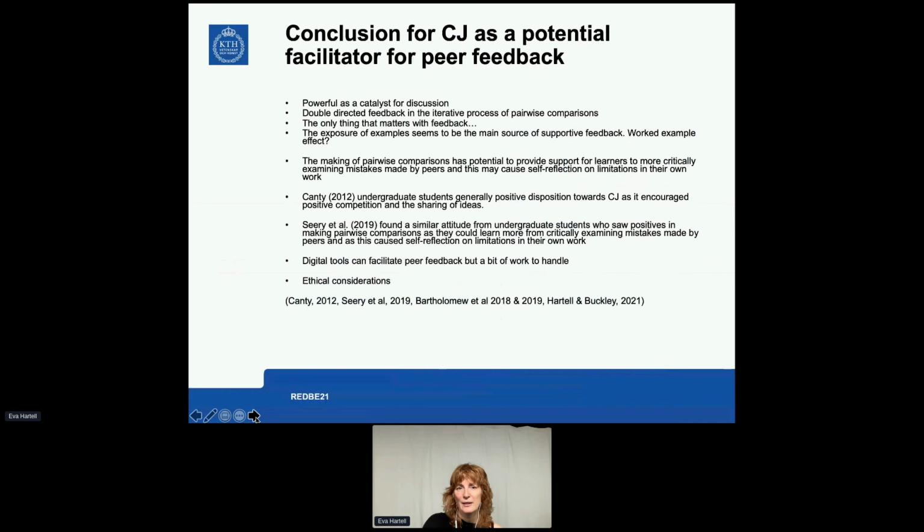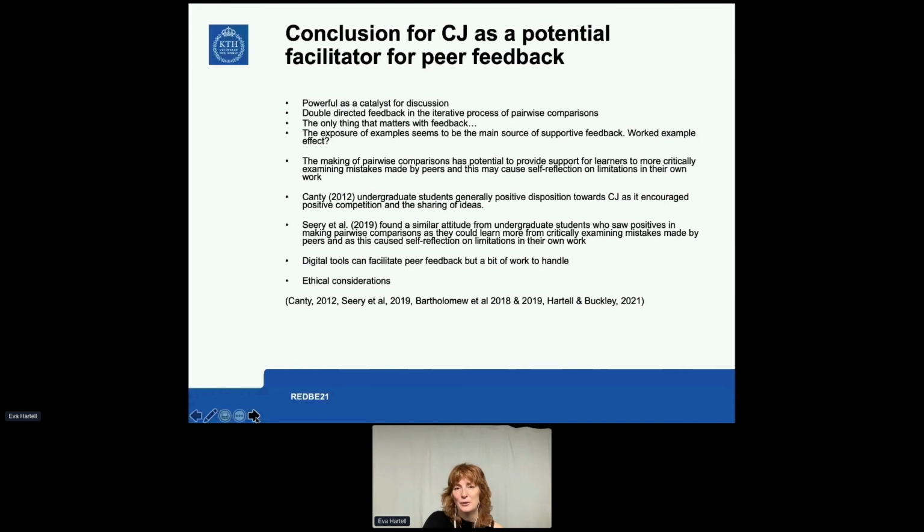But I think this is the conclusion for CJ, comparative judgment. It has a potential to facilitate peer feedback. It's very powerful as a catalyst for discussion. There are other studies, for instance, Canty and Siri et al., who have shown that students saw very positive effects in making this pairwise comparison, and that they learned more by critically examining their mistakes, and also to reflect upon their own mistakes in a positive way.